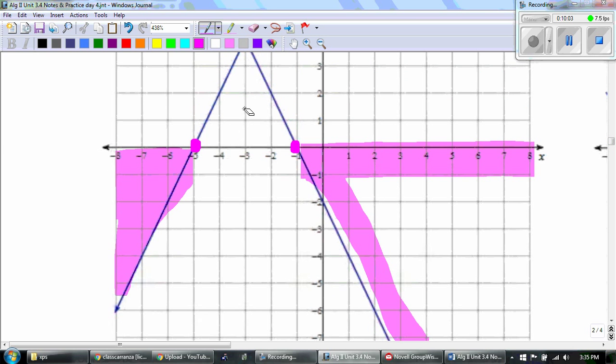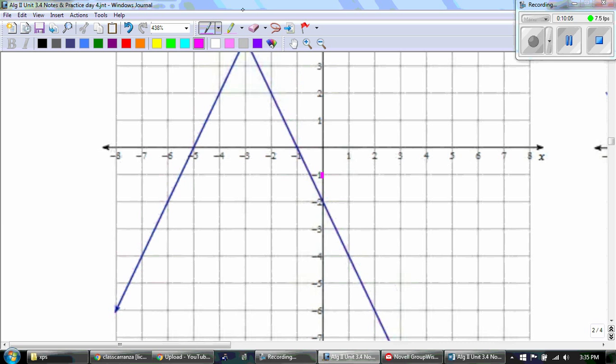Sorry, I'm going to erase what we just did. I am less than 0 this whole distance, and all the way through here, because we're talking about the domain.